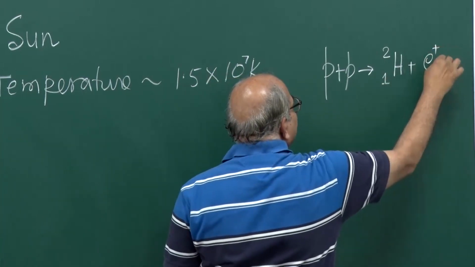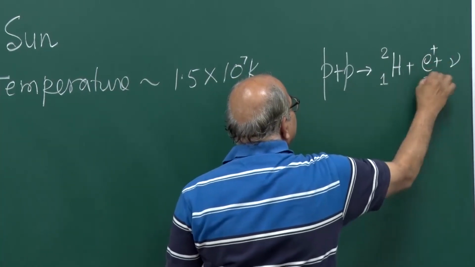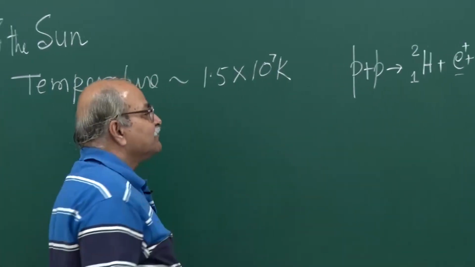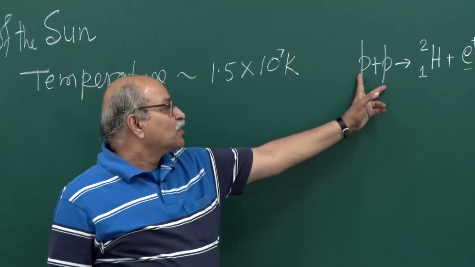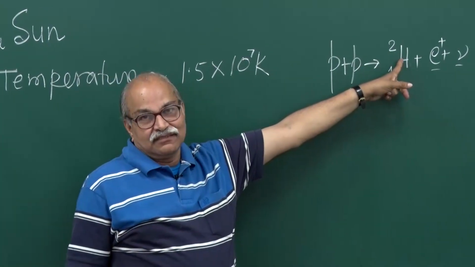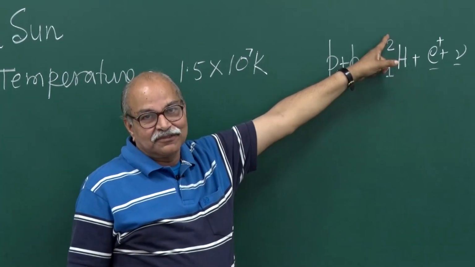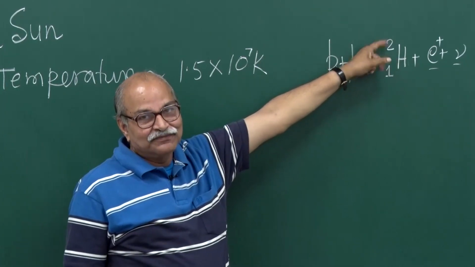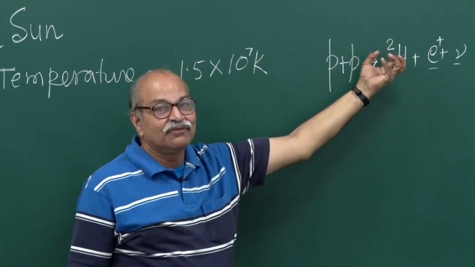So some positron and some neutrino, these small particles are created. The important part is two protons must form a nucleus of one proton and one neutron. So that's the kind of nucleus to be formed.